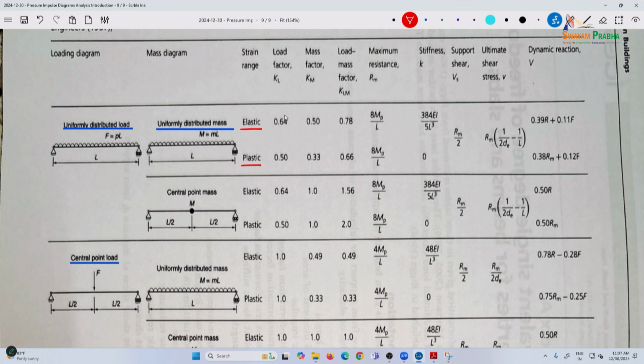The load factor KL is 0.64, Km 0.5, and you see the distribution of the elastic mass factor and the load factor in the plastic range. So when we are talking about the elastic plastic range, P versus delta, we are talking in this range elastic, and we are talking in this range. They are not the same.